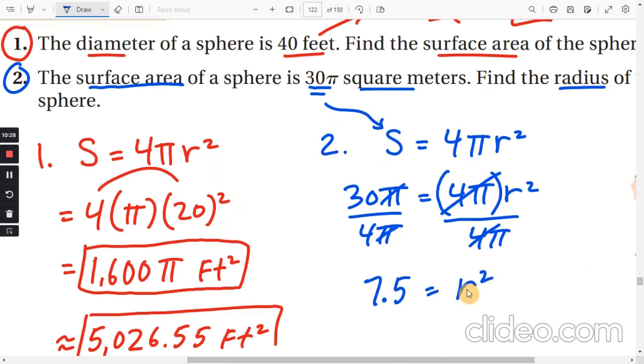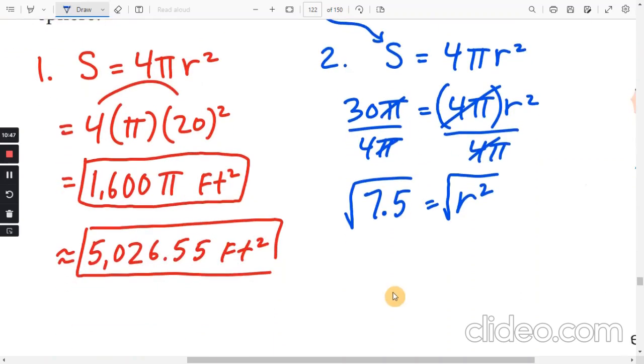Okay, the opposite of squaring something is to take the square root. So I do that to both sides. And the square root of 7.5 is a long decimal. It's 2.7386. Okay, I think 2 decimal places is enough.